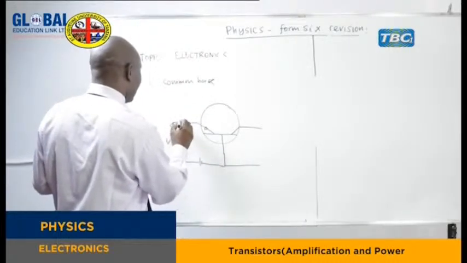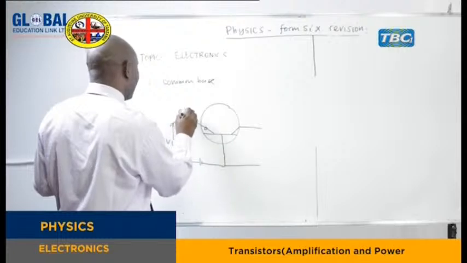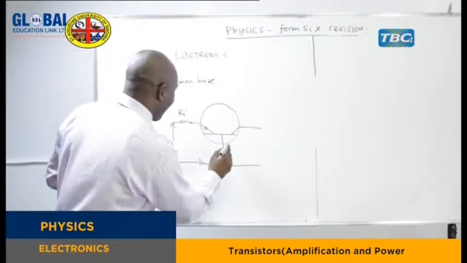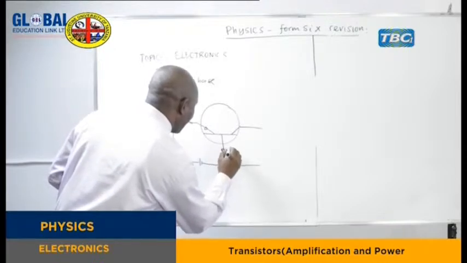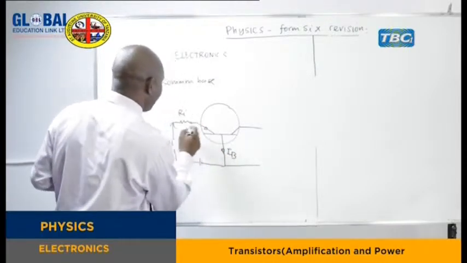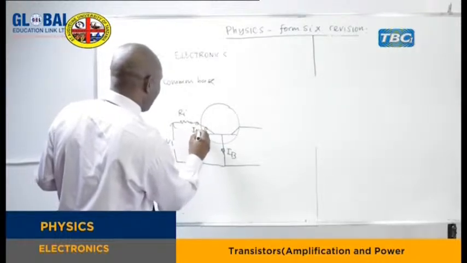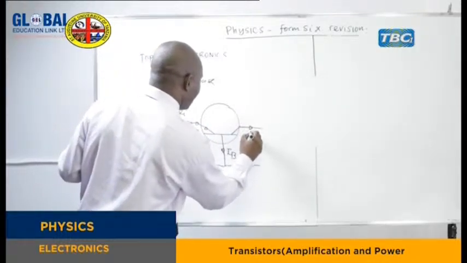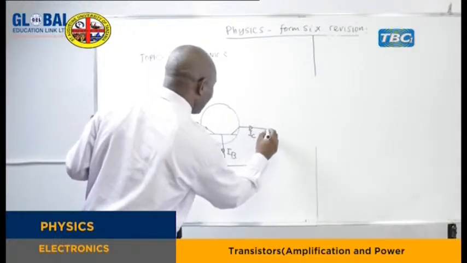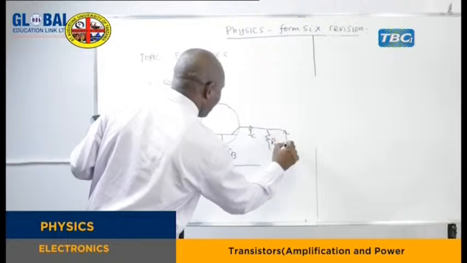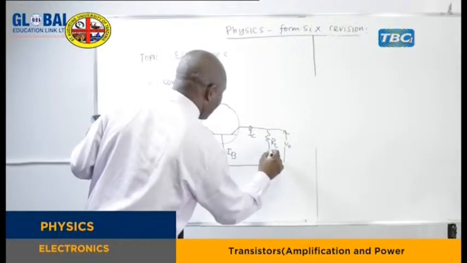So this is the resistor as input resistor, which is connected here. And this is our base current. Here we have the emitter current. And then we have the collector current. And here we have the resistor, that's where the output can be collected.